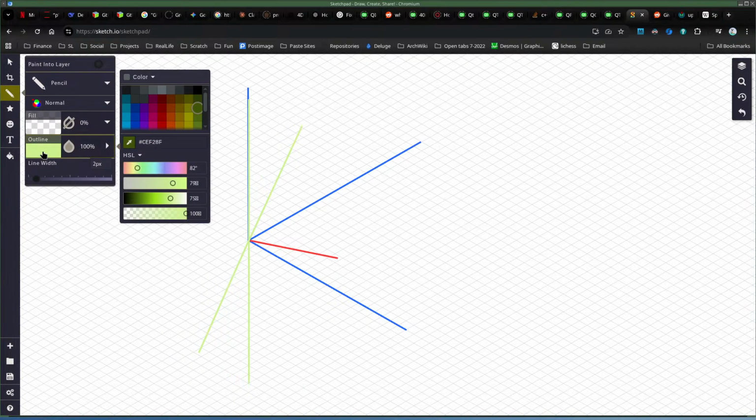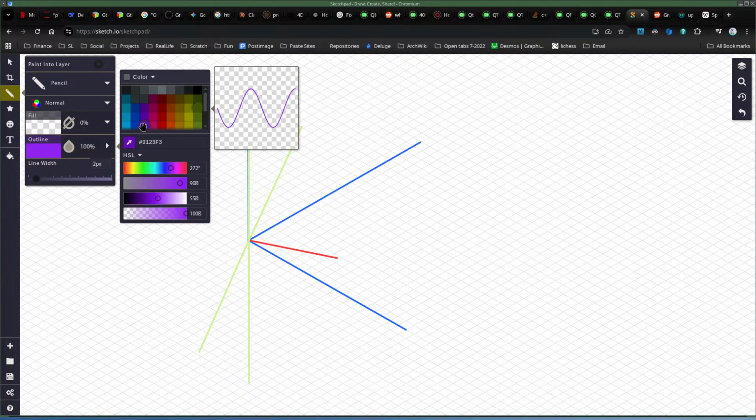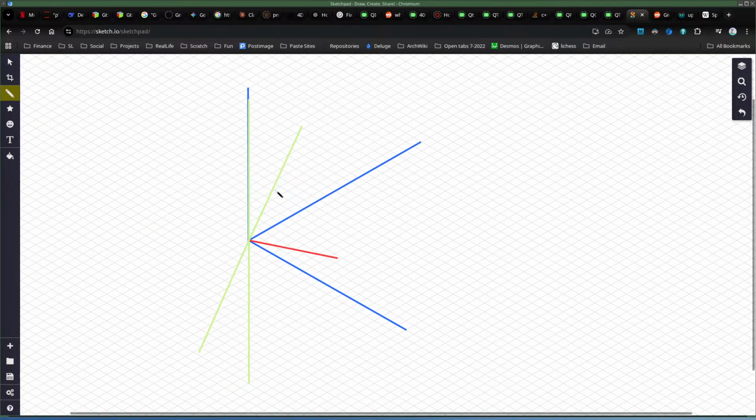For example, if we have this point here on the z-axis, then the projection of that, so this point is three-dimensional, and it has coordinates 0, 0, z.